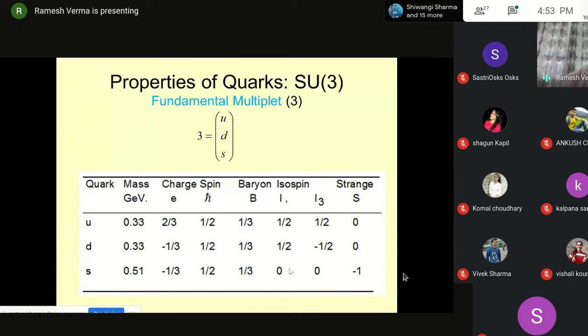By the way, this is just a guess, because the mass of a quark is still a very debatable issue. In fact, if you look into the literature, you will find two terms, sometimes even more than two terms used for the mass. Particularly in the case of quarks, we hear about constituent quark mass and current quark mass.